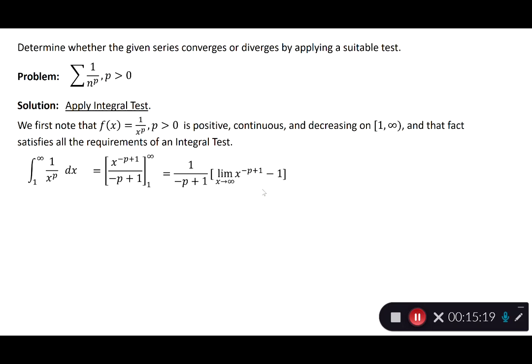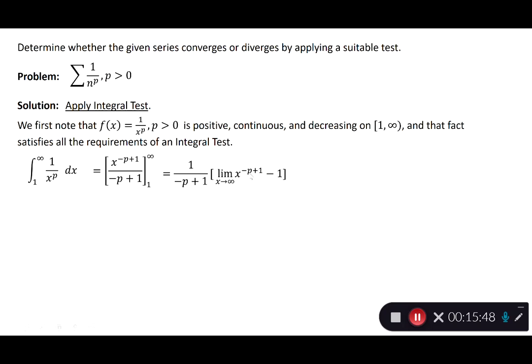So let's say p equals 3, making the exponent negative. Then we have limit as x approaches infinity of x to the negative 2. X to the negative 2 is the same as 1 over x squared. So limit of 1 over x squared is clearly 0, right? As x approaches infinity, 1 over x squared has to go to 0.